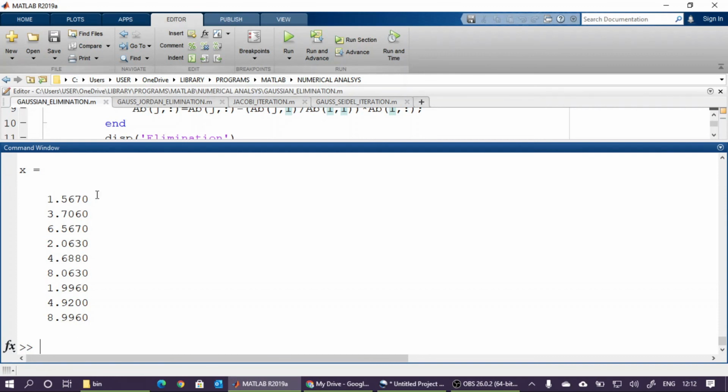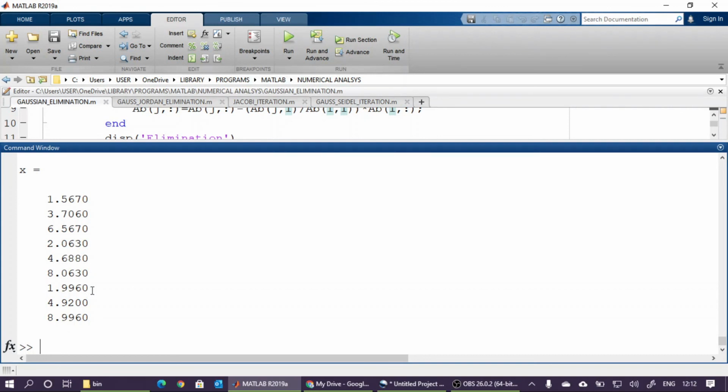This is U1. U1 is 1.5670. U2 is 3.7060. U3 is 6.5670. U4 is 2.0630. U5 is 4.688. U6 is 8.0630.